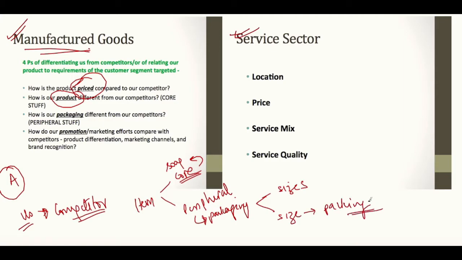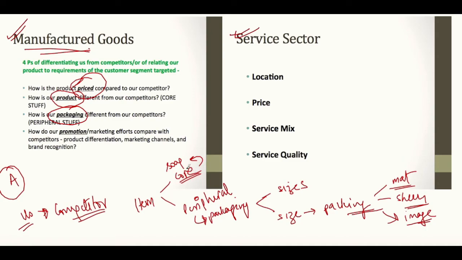Now this could have multiple factors: the material that is there, the sheen of it, the image on it. You could do a MECE to come up with a more structured list, but this is just for explanation. So an item could have a peripheral component, which is the packaging aspect of it essentially, and it could have a core component.